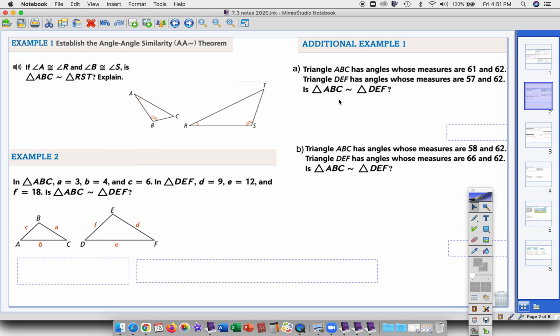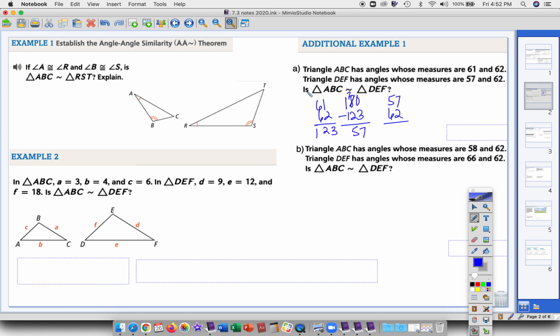Additional example 1. Here we have triangle ABC that has angles of measures 61 and 62. If I add those up, I get 123. Actually, do I even want to add those yet? Let me subtract from 180 and see what happens. If I subtract from 180, I end up with 57.